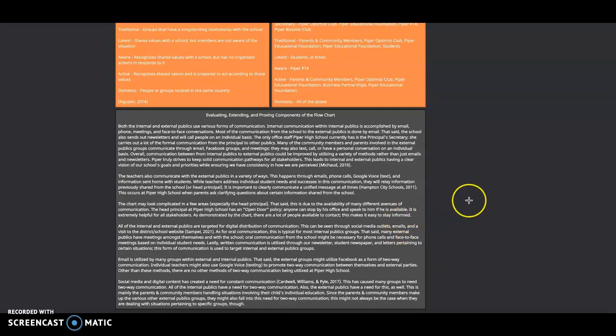Also, teachers communicate in a variety of ways. They use emails, phone calls, Google Voice, and they might send information home with students. That could be through a paper or just saying it to them. And also, teachers try to relay information that might have been previously shared from the school. We make sure not to take our best guess at what things mean with the principal.